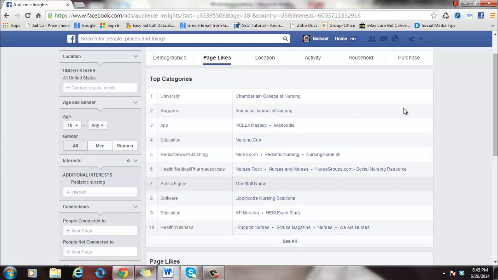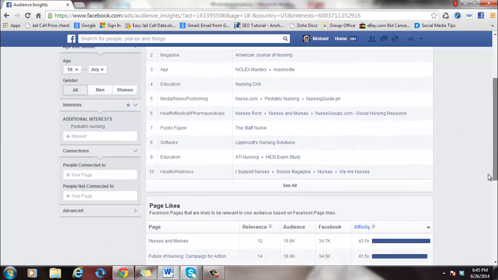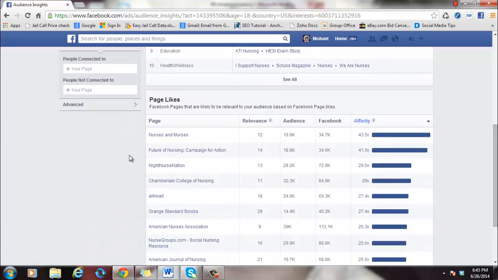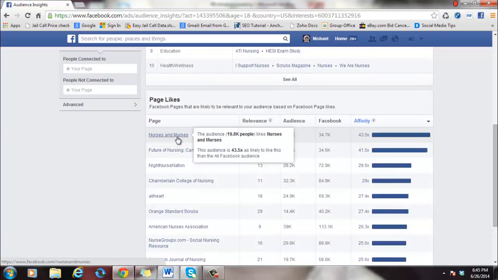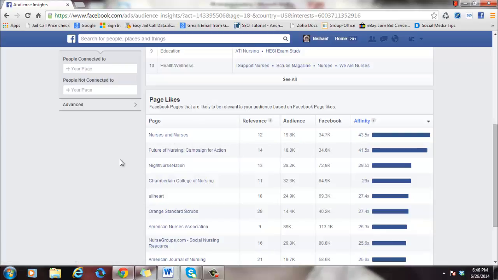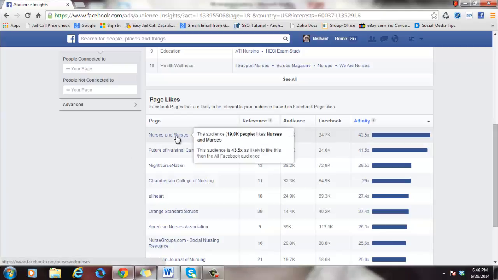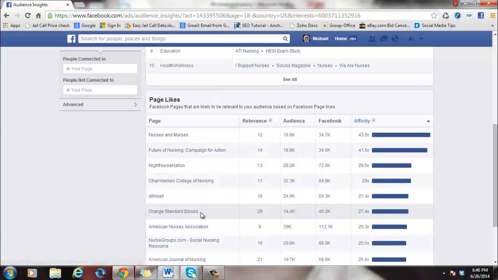You also have some other really good information that you can find, and as you can see over here, this page all of a sudden started popping up, Nurses and Nurses, because this wasn't there as the top target. Now it's the top target. So if you're trying to target the pediatric nurses, you have this particular page that you should go after. Orange Standard Scrubs, this page wasn't there, or at least I don't remember it being there, and now you see this page as another potential target.